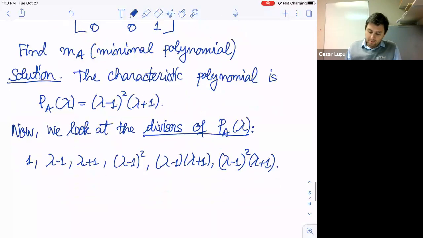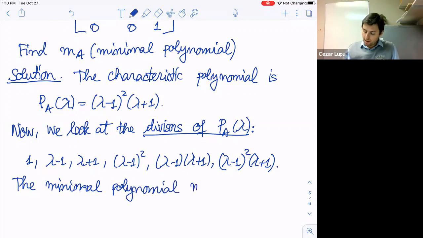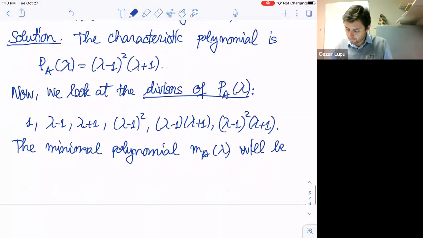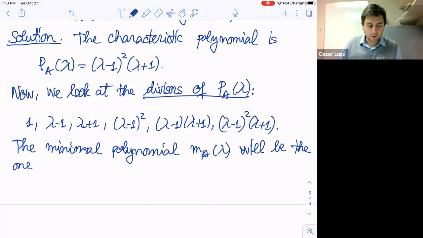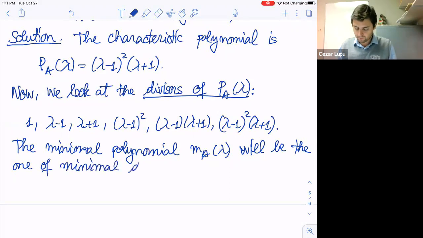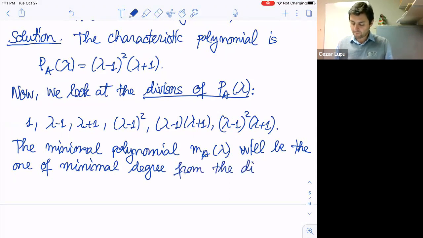So the minimal polynomial M A of lambda will be the one of minimal degree from the divisors of P A of lambda.